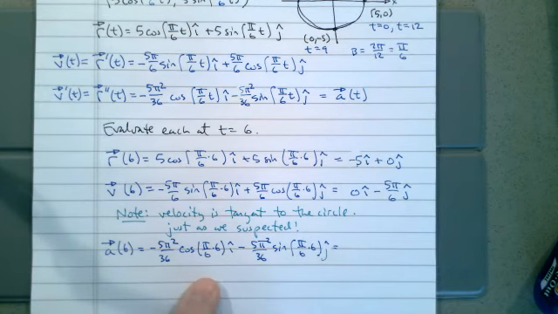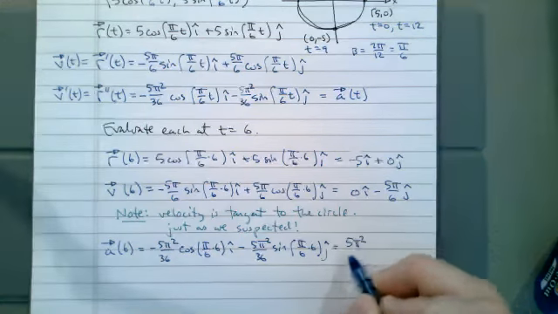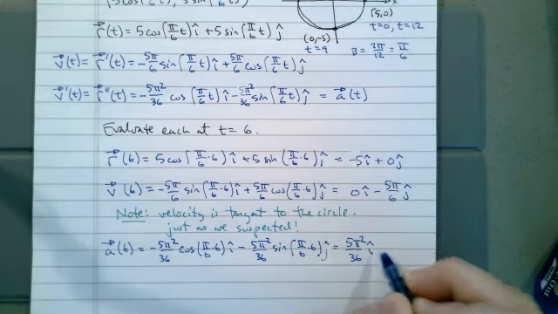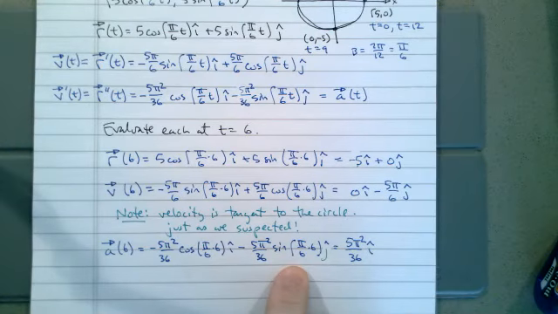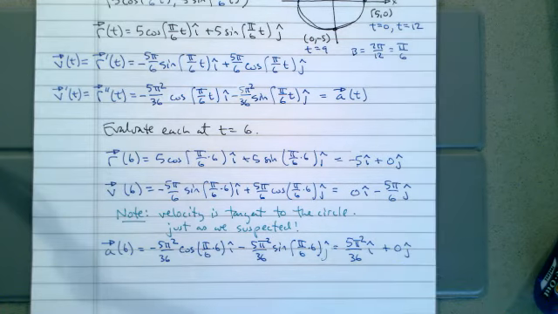So cosine of pi is -1. So negative times negative cancels out. So I get 5 pi squared over 36 times i. And sine of pi is equal to 0. So we have plus 0j.